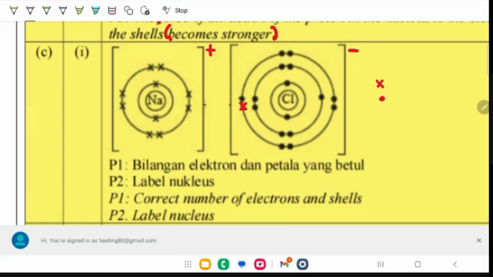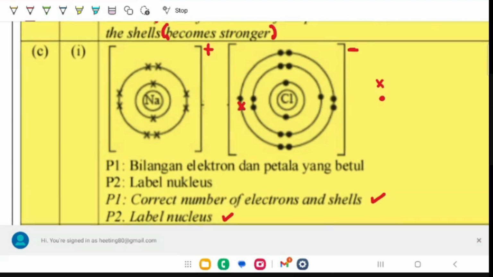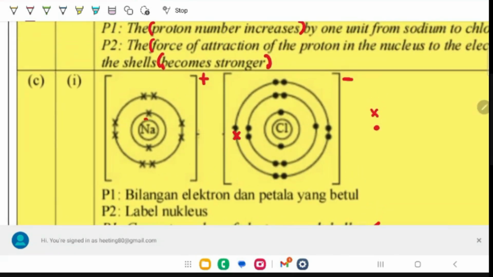So how are the 2 marks given? Correct number of electrons and shells, 1 mark. Then label the nucleus, and then the charge, definitely the charge. For Cl and Na, sodium, you must draw the nucleus for it.